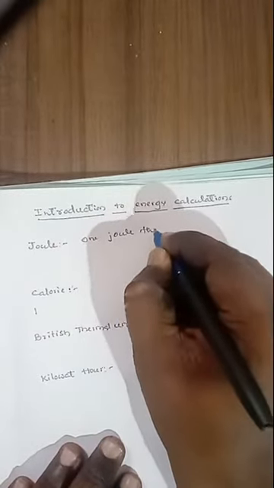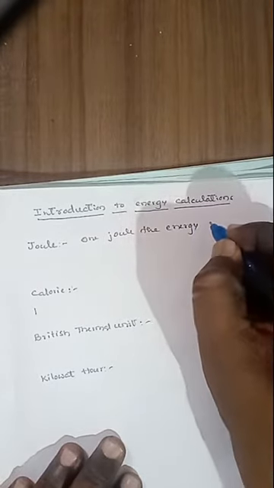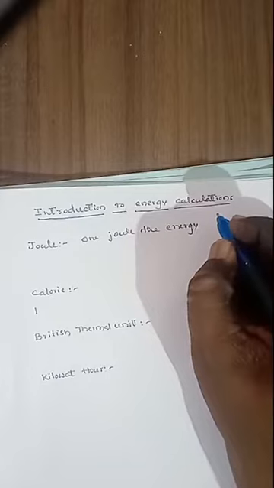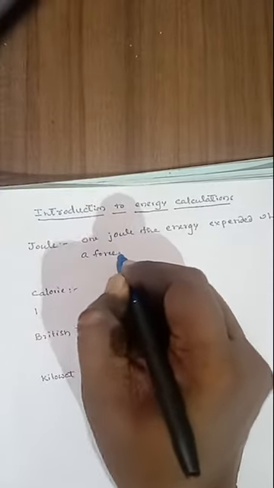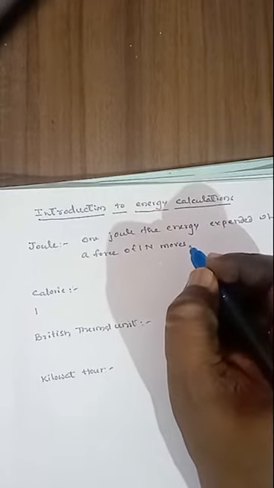Here, first one, joule. 1 joule is the energy expended when a force of 1 Newton, unit of force is Newton, moves through a distance of 1 meter.